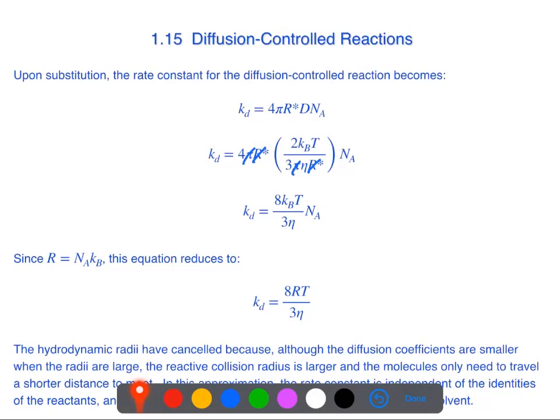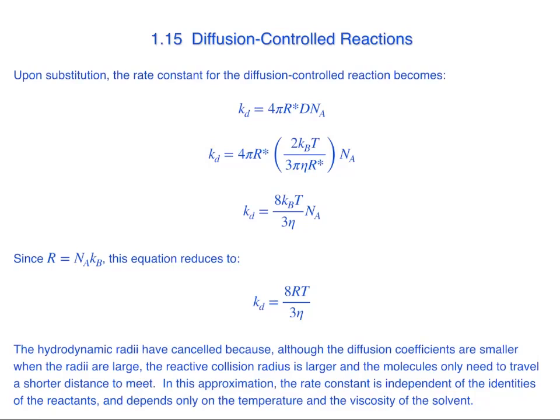And the reason why this approximation works quite well is because although the diffusion coefficients are smaller when the radii are larger, the reactive collision radius is larger for those larger molecules. And so the molecules only need to travel a shorter distance to meet. And the opposite is true for a small molecule.